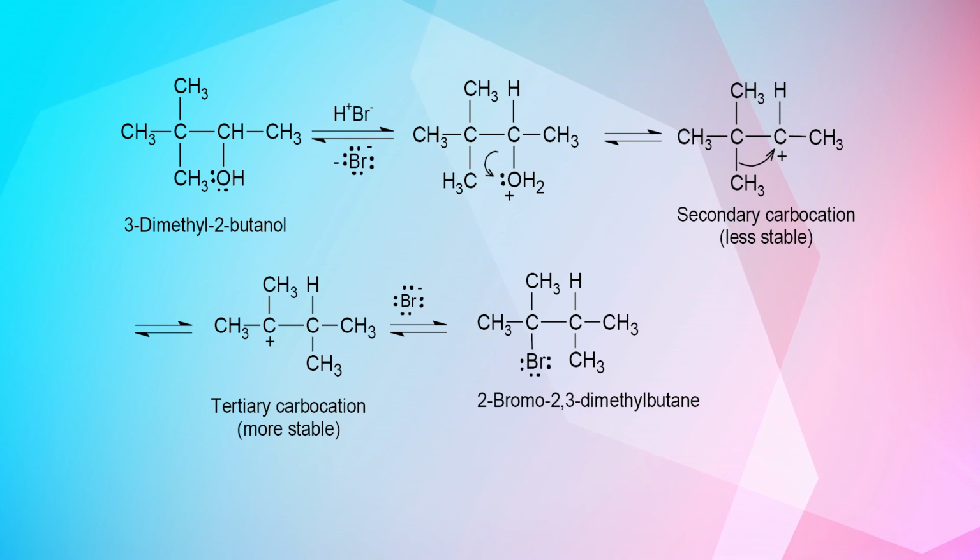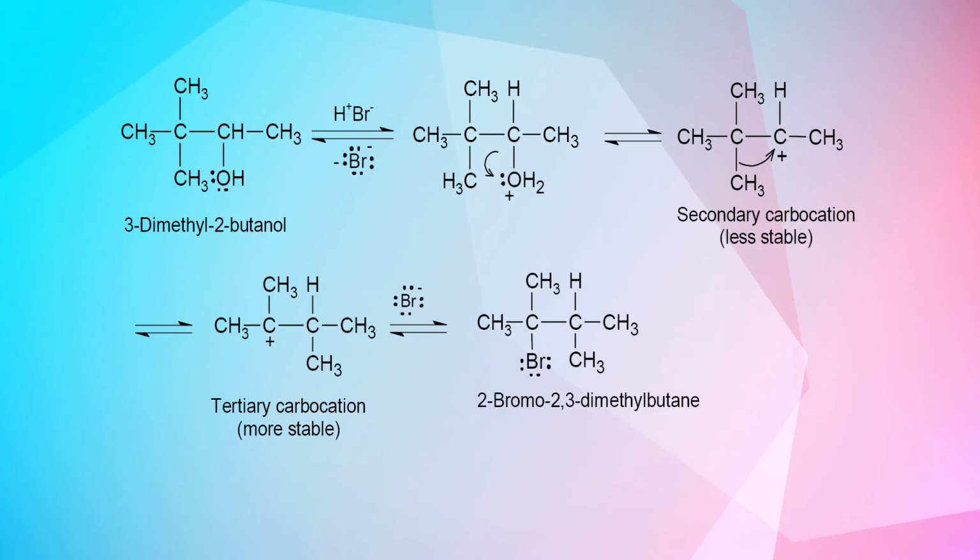Now we know that carbocations have a tendency to rearrange to form more stable carbocations. So this secondary carbocation will undergo a methyl shift, and the methyl shift will take place from the carbon adjacent to it to this carbon, resulting in the formation of a tertiary carbocation.